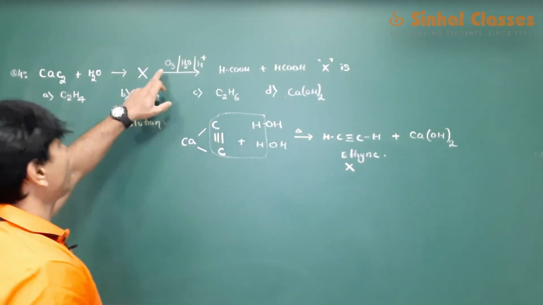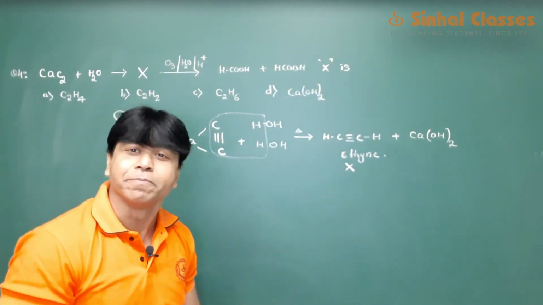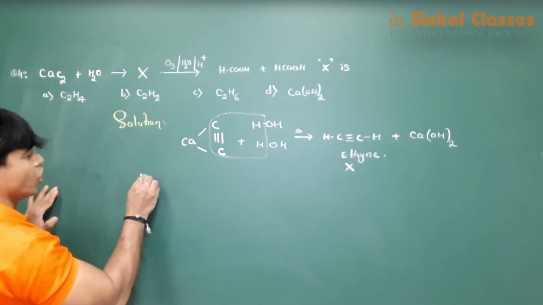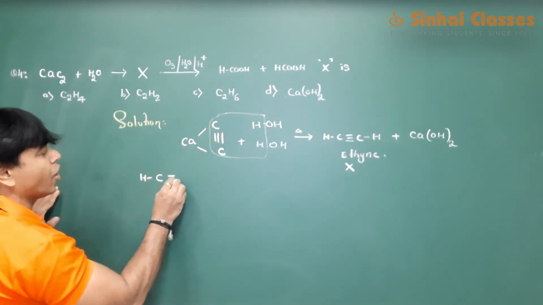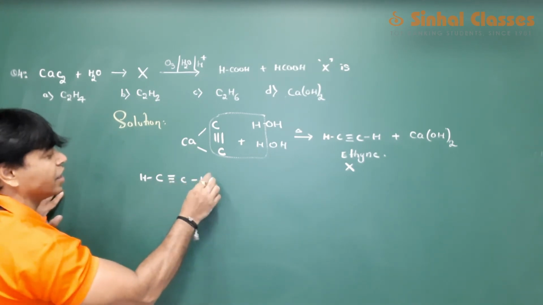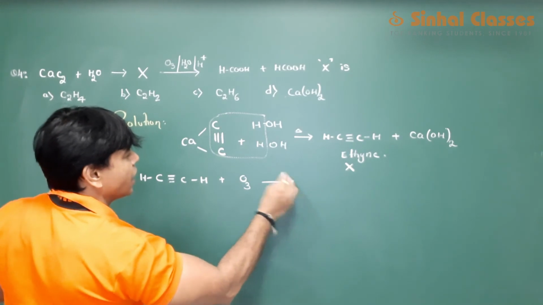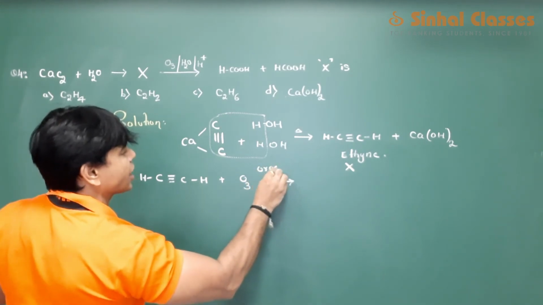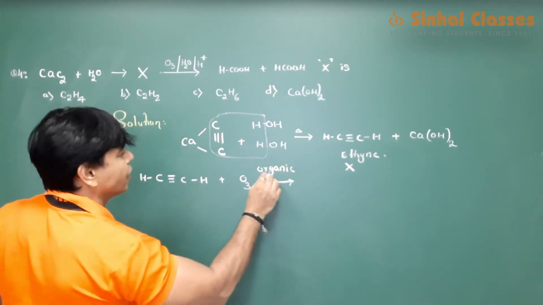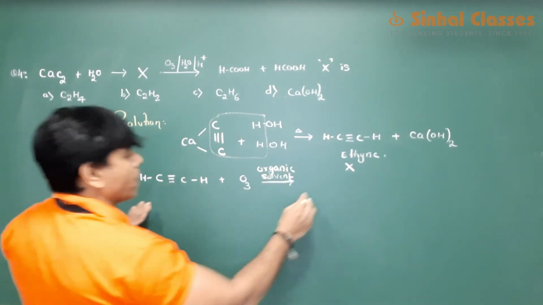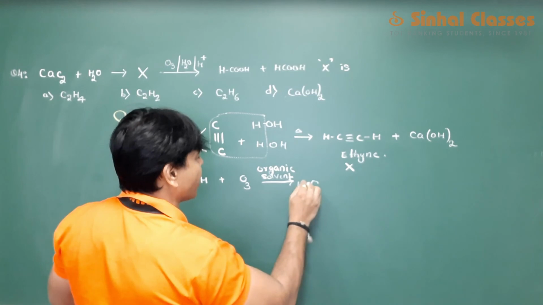Now, further ozonolysis is giving you formic acid. How is that? You take your acetylene, ozonolysis, in presence of organic solvent, you get an intermediate product.